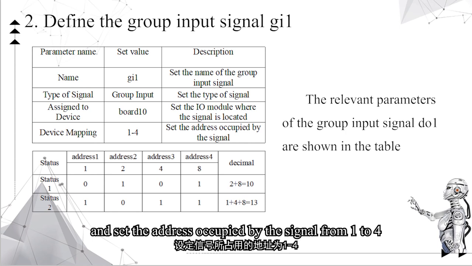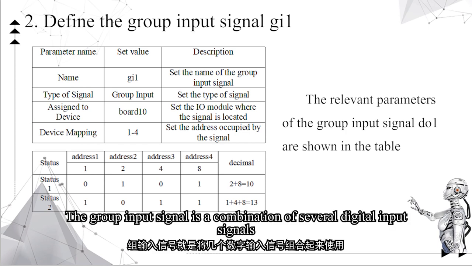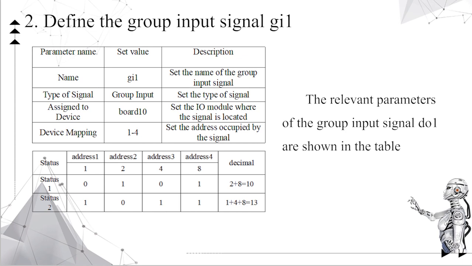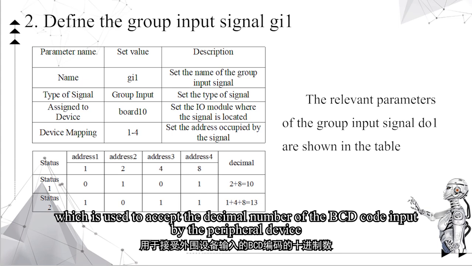from 1 to 4. The group input signal is a combination of several digital input signals, which is used to accept the decimal number of the BCD code input by the peripheral device.